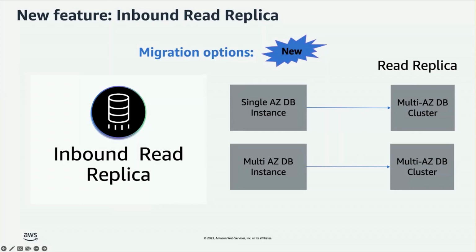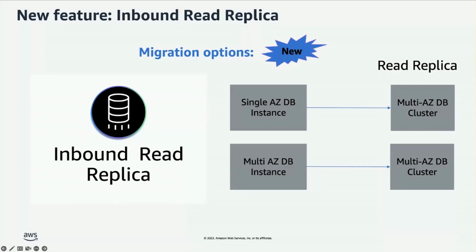And with this new feature, you can also use a third migration option, where you can add the multi-AZ DB cluster as a read replica using this inbound read replica option, and then you can fail over at the time of the cutover.